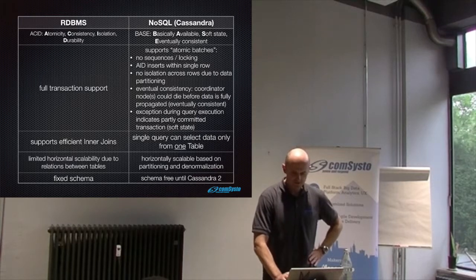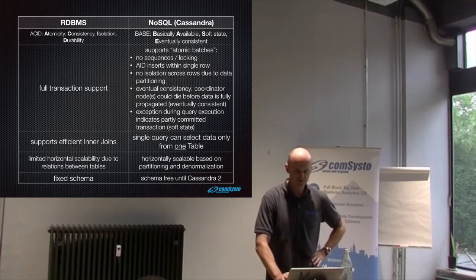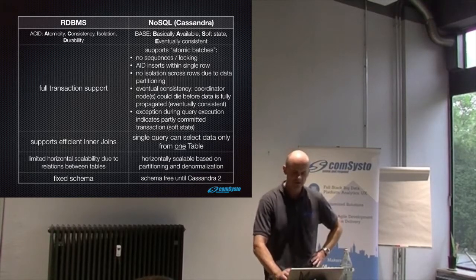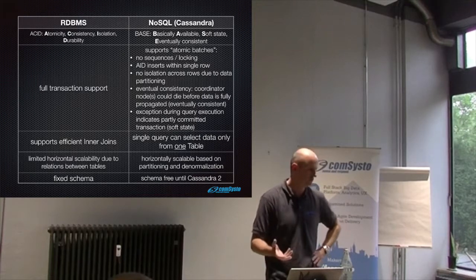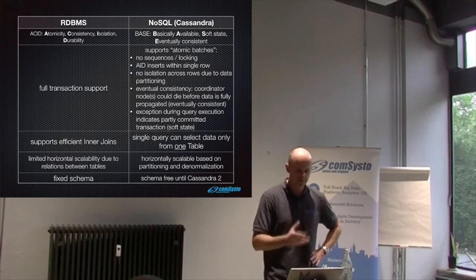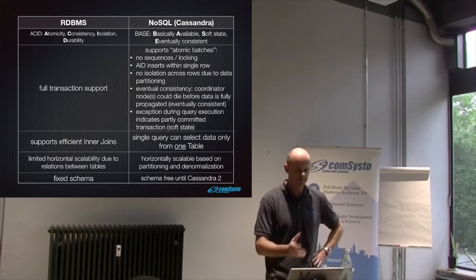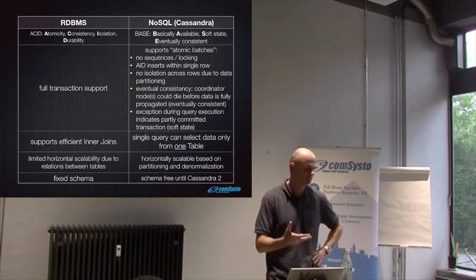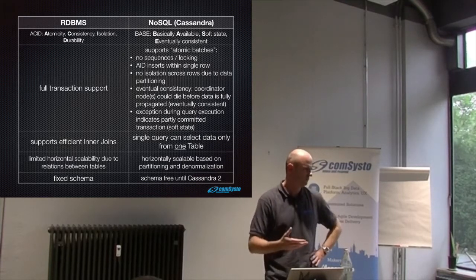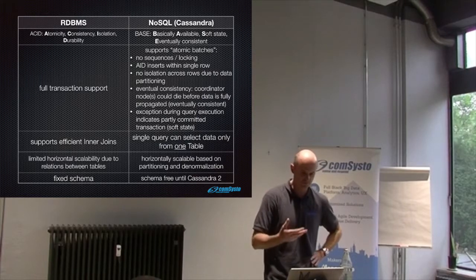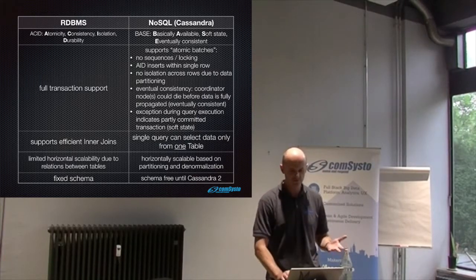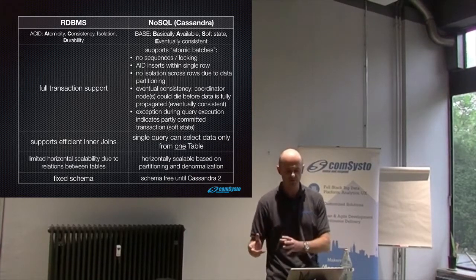Now if you go to this side, you will see completely different terms. If you look at this closer, you will see something like basically, soft, eventually. So actually on this side, nothing is for sure. The main idea is that RDBMS databases are based on the pessimistic model, and the NoSQL databases are based on the optimistic model.